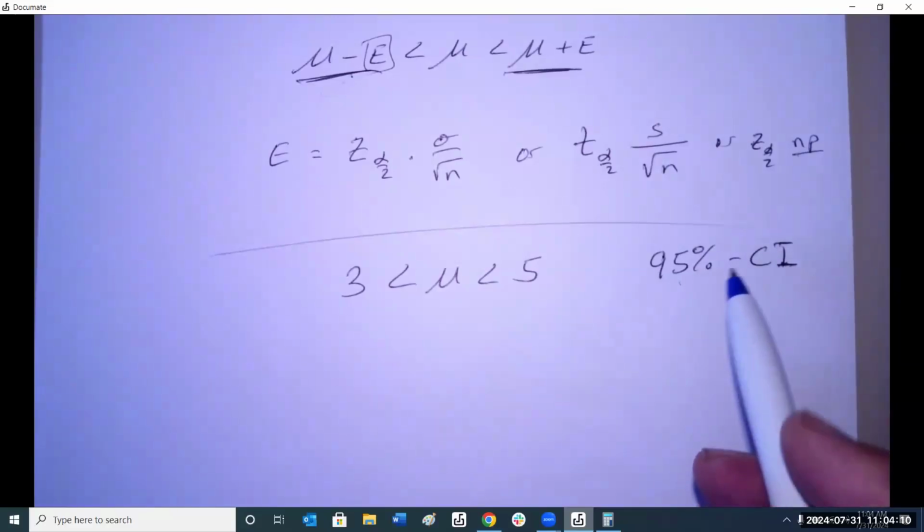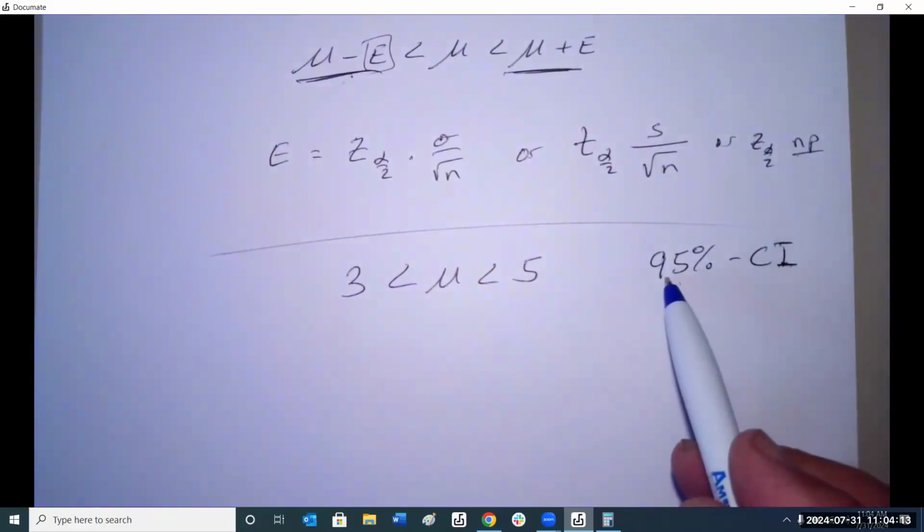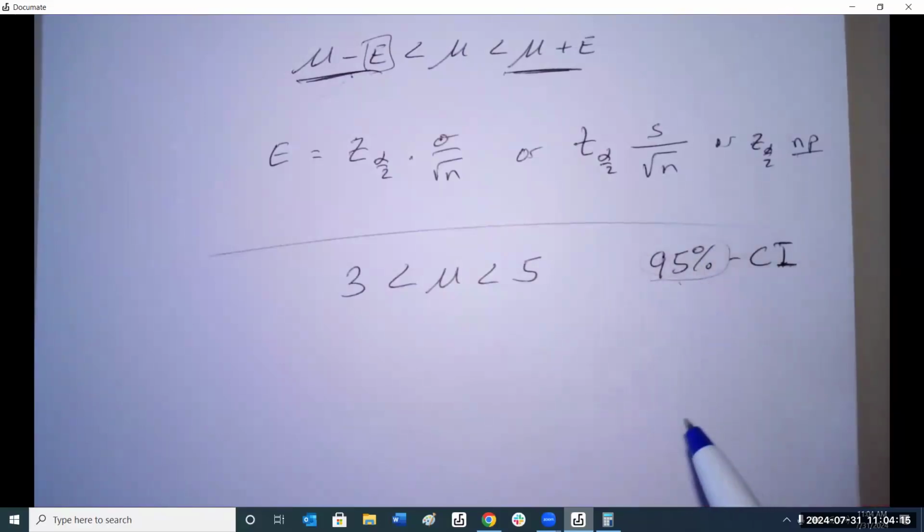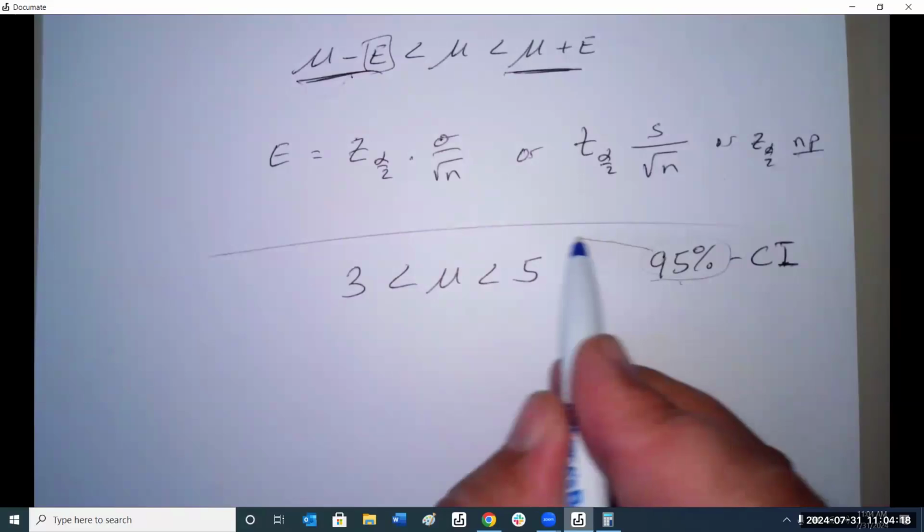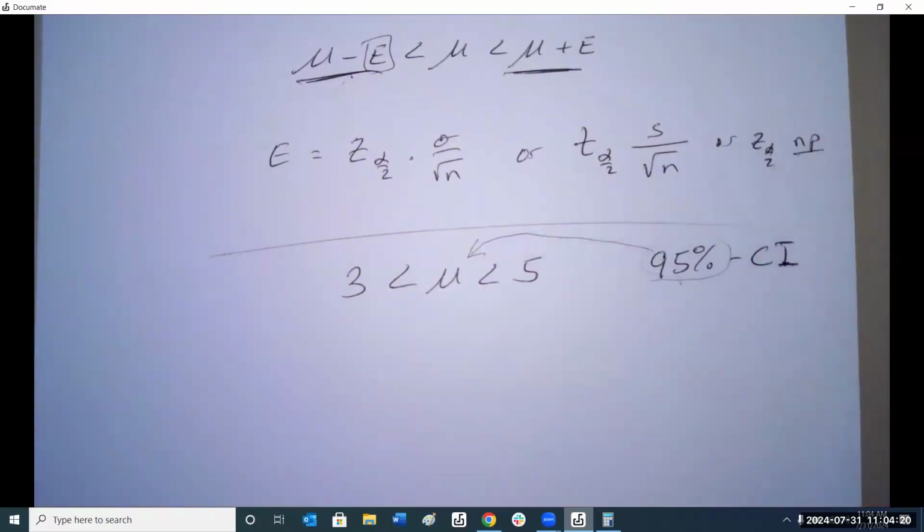What it tells us, in a nutshell, is that there's a 95% probability that the population mean will be between these two values. Okay. So that's what it tells us. On the bottom, equivalent methods. Are they all the same?